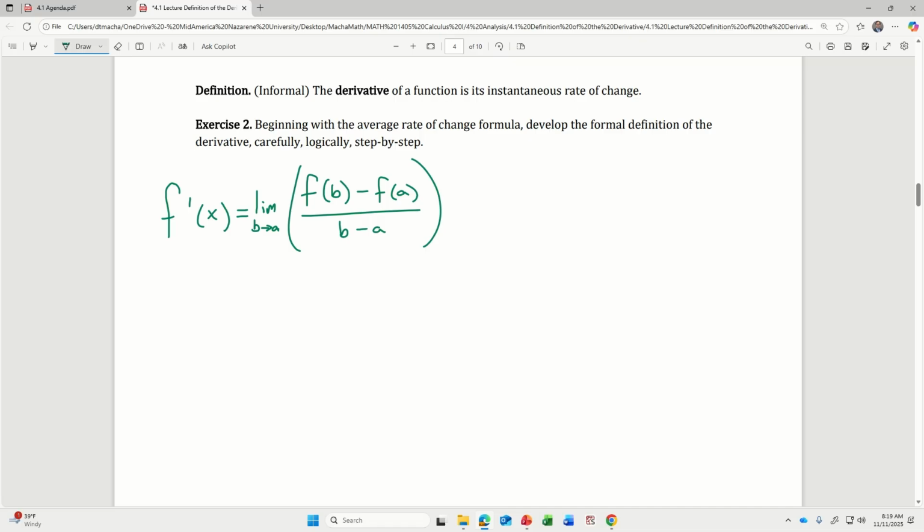So in exercise 2 on your homework, I'll show you exactly what I want for the solution. Exercise 2 says, beginning with the average rate of change formula, develop the formal definition of the derivative carefully, logically, step by step.